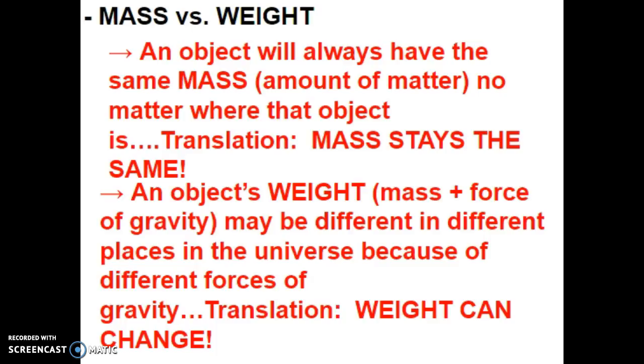If I went to Jupiter, offhand, I'm not sure of the calculation, but I would probably be over 100 kilograms of weight, because the gravitational force of Jupiter is much, much stronger than that of Earth. But again, I have the same amount of mass. So mass stays the same, weight can change.